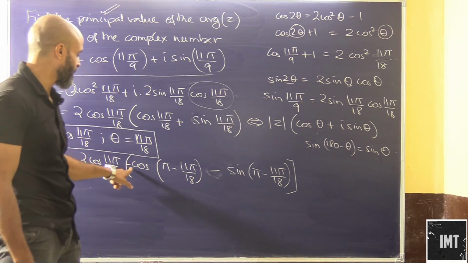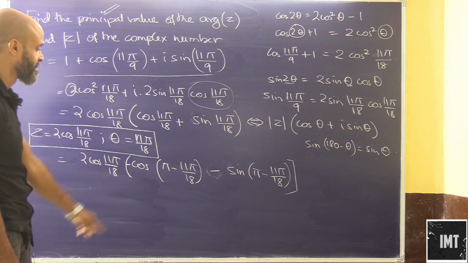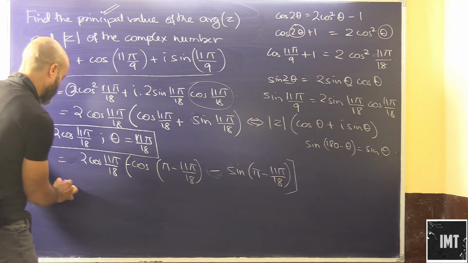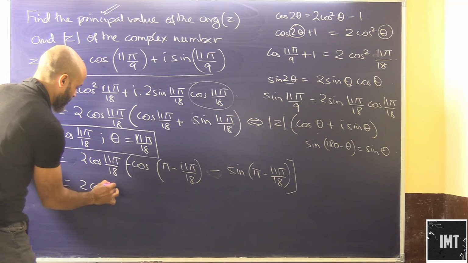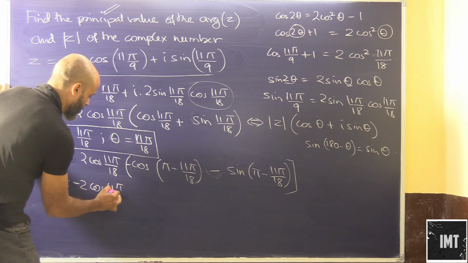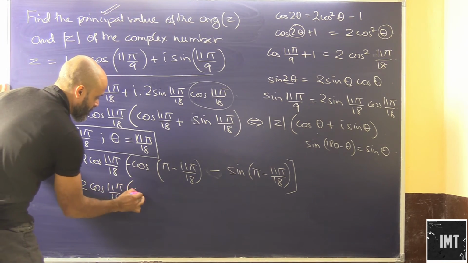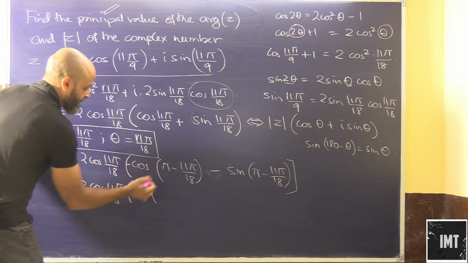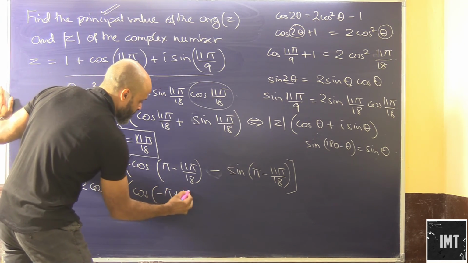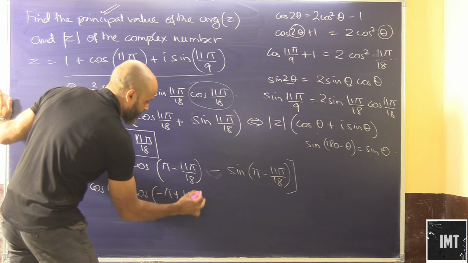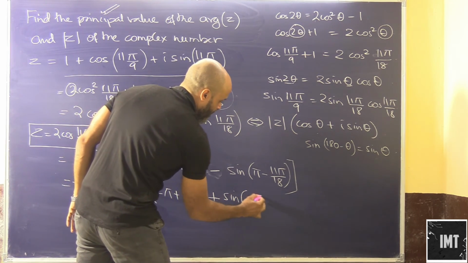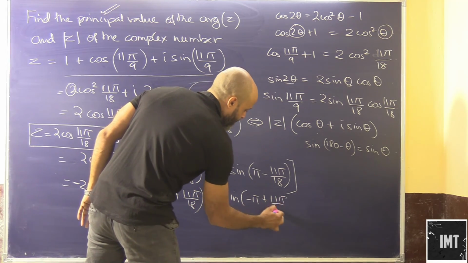So if I take out this as minus and this as minus, and take this minus inside, this will be 2 cos 11 pi by 18, taking this minus out as common, into cos of minus pi plus 11 pi by 18 plus sine of minus pi plus 11 pi by 18.